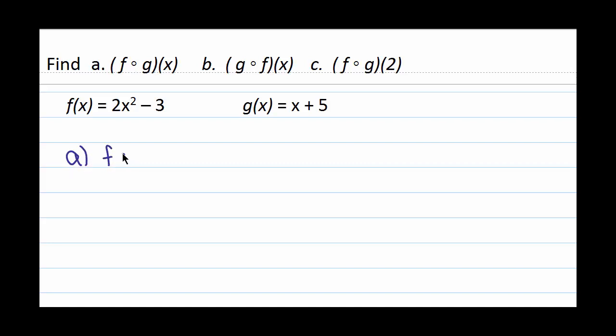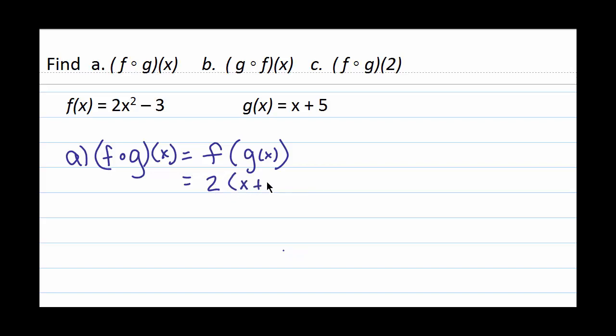So f of g of x is when we're going to start to write our f function and then plug in our g of x function. So f, I see I have 2, then I have my x squared. So I'm going to go ahead and say x plus 5 squared and then minus 3.